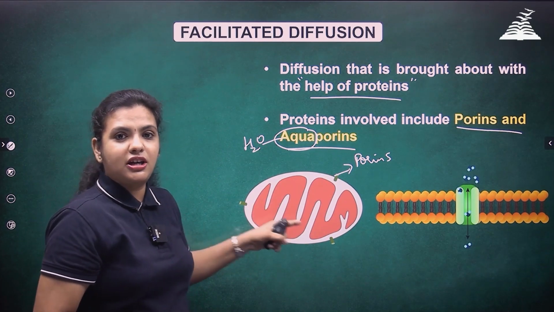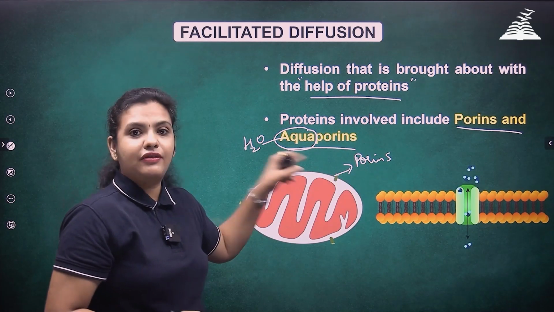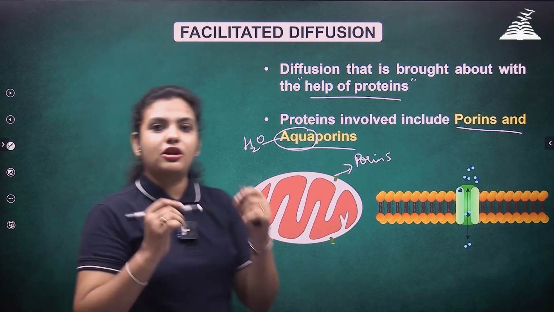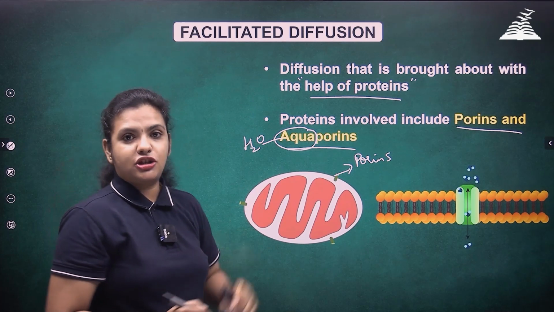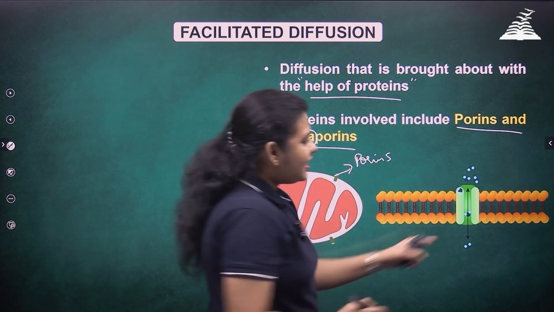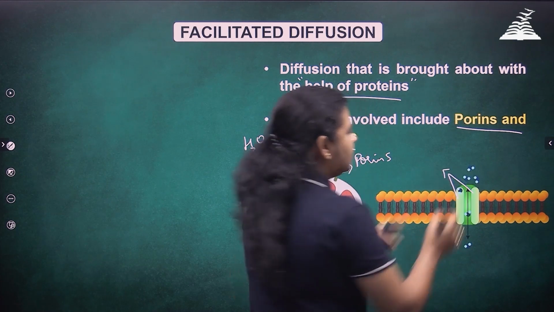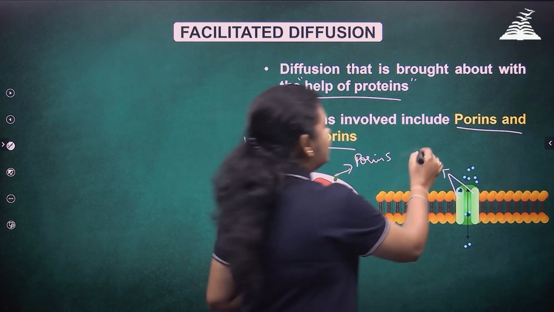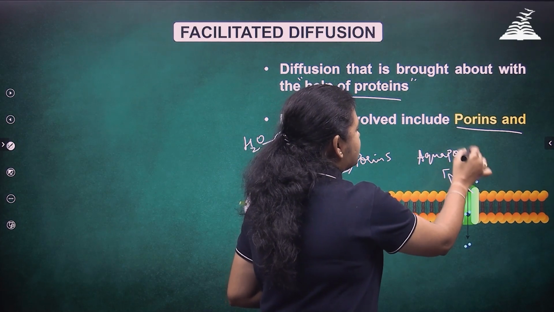The structure you see here is mitochondria. The outer membrane of mitochondria has porins, and these porins help in the movement of molecules from higher concentration to lower concentration. These are aquaporins, students. So the green color image that you see here is an image of aquaporins.